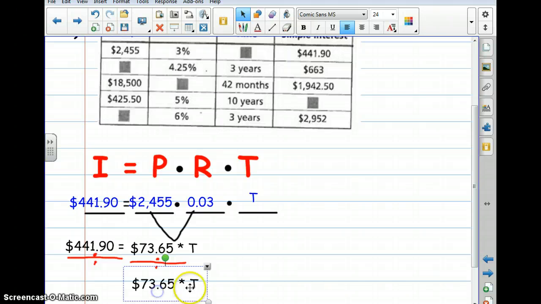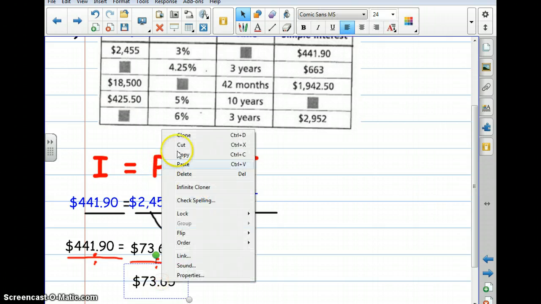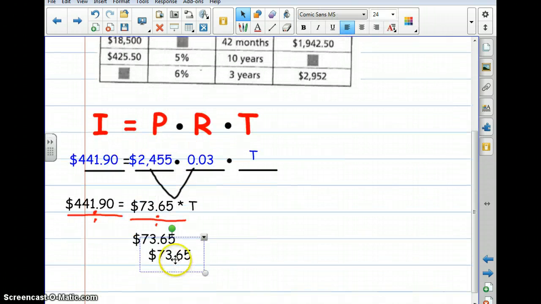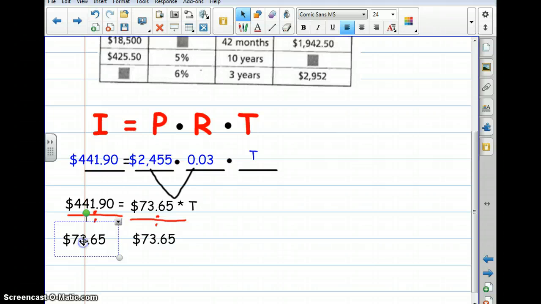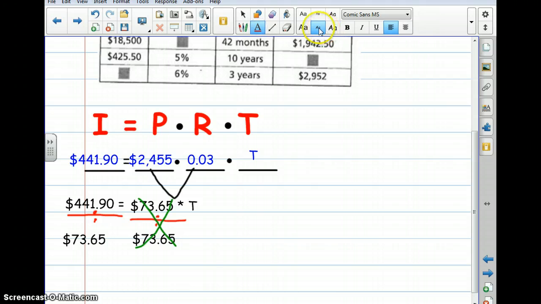And the reason I'm doing that is because I'm trying to get my time, my variable, completely by itself. And I know that when I divide $73.65 by itself, it cancels out, or in this case it would give me what they call 1. So I know now that T is by itself.